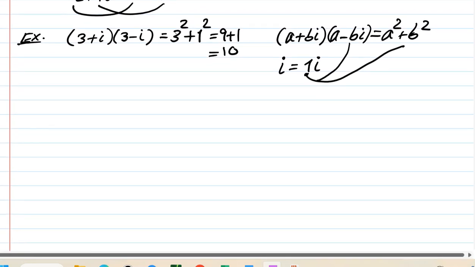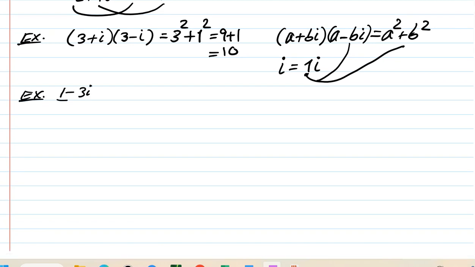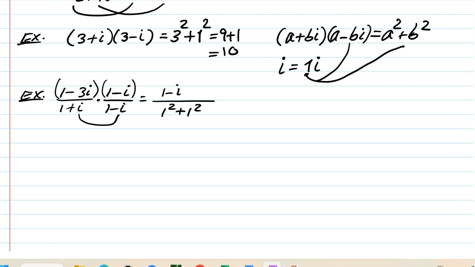And let's do a division. Suppose I have 1 minus 3i over 1 plus i. Remember, to divide, it is a process. We're going to multiply top and bottom by the conjugate. In the denominator, we get 1 squared plus 1 squared, because i times negative i is negative i squared. You can FOIL if you like to, I just use the special product. Now in the numerator, we have to FOIL it, so I'm going to do that. 1 times 1 minus i is 1 minus i.